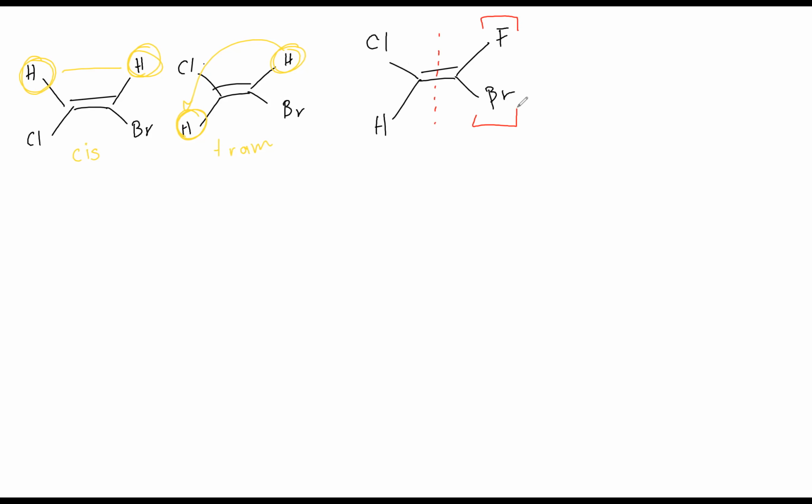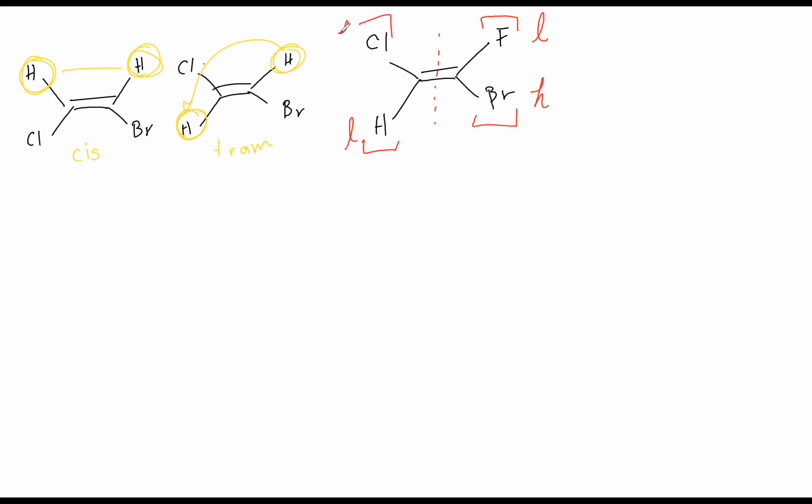So bromine will be a higher priority than fluorine because it has a higher atomic number, a higher mass. Okay? So bromine is the high priority on this side, fluorine is the low priority on this side. Over on the other side, obviously chlorine will be the high priority because hydrogen is always the low priority.